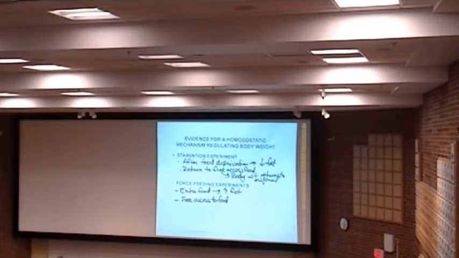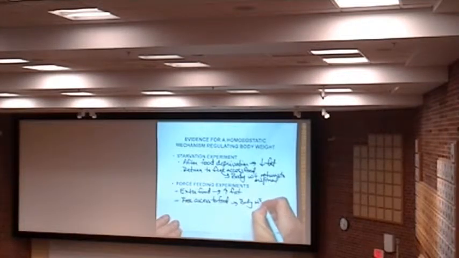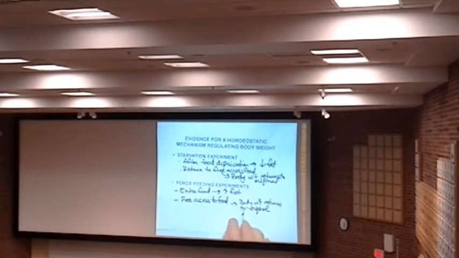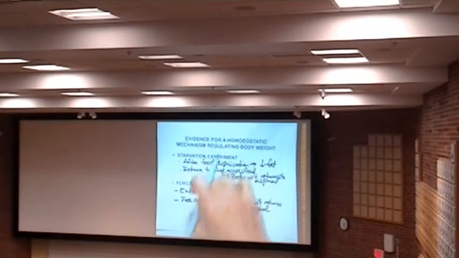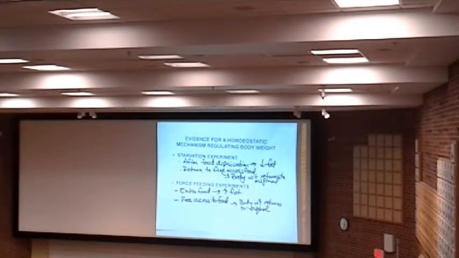And what happens? Their weight drops. Their fat levels drop. Body weight returns to the original value. So the original body weight of these animals before these experiments was held at some optimum value. And it returns to that optimum value after you do these very severe experimental manipulations.